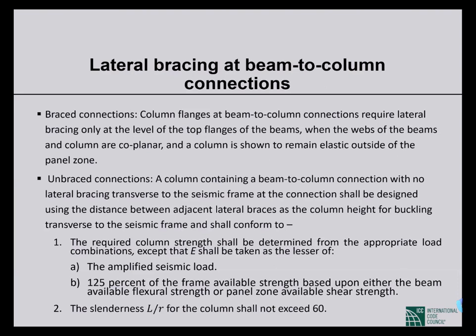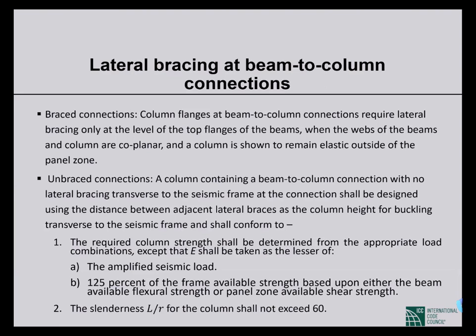We'll design the column not only for seismic load E. We have to amplify it. By how much? By omega naught, the overstrength factor. For moment frame systems, omega naught is 3. We have to amplify seismic load 3 times.